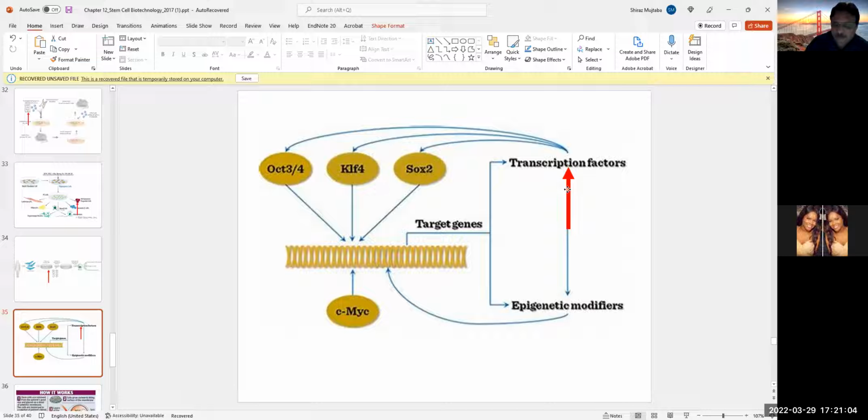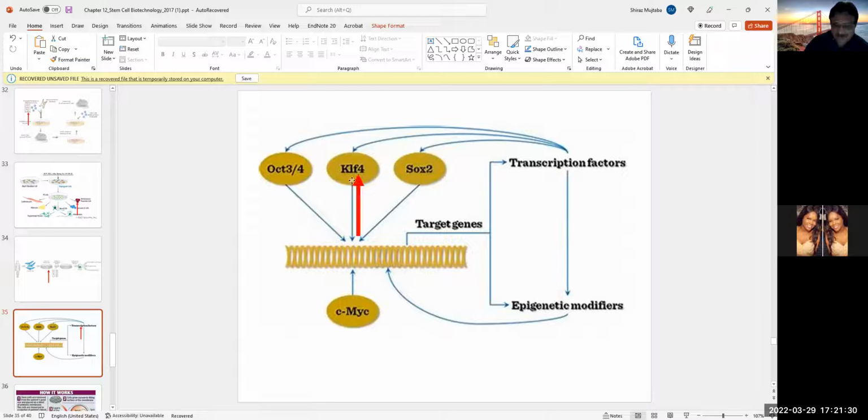So RNA polymerase binds to the promoter, right, the start site. And these factors also bind in the vicinity of RNA polymerase. Now, these four genes might be expressing at different levels. OCT4 could be more, this could be less, this could be more. In one situation this could be more, and they can regulate expression of a certain gene.